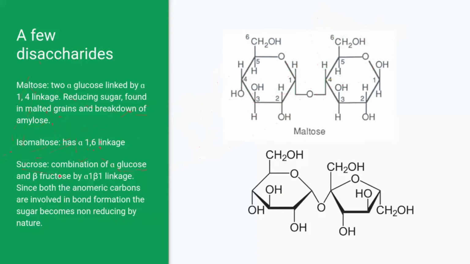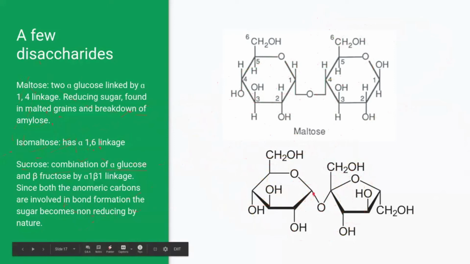Then you have sucrose, another basic molecule. Instead of two glucose, you have a glucose and a fructose. So you have a combination of these two molecules linked by an alpha 1 beta 1 linkage. If you do know what alpha and beta are, or if you learned about it before, it is basically formed by an alpha glucose and a beta fructose.